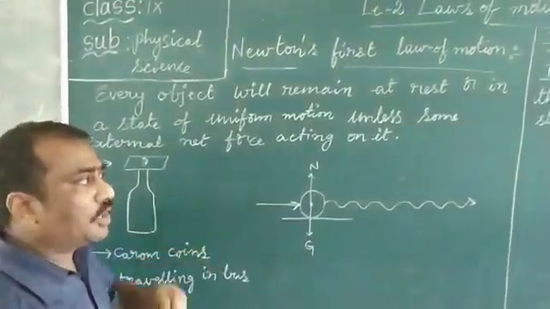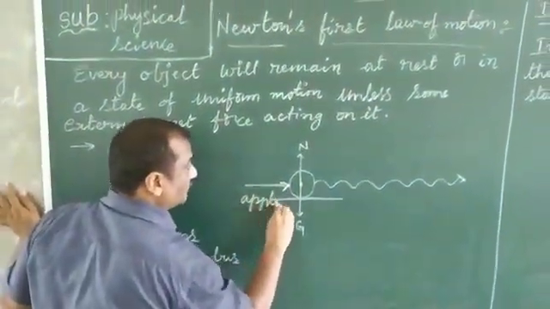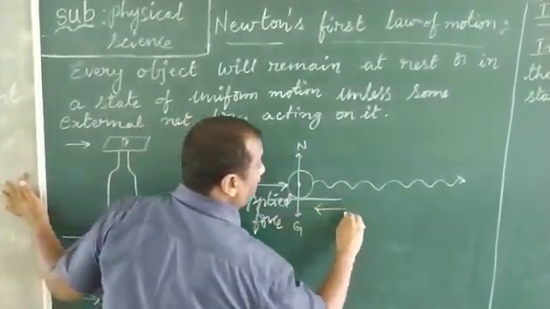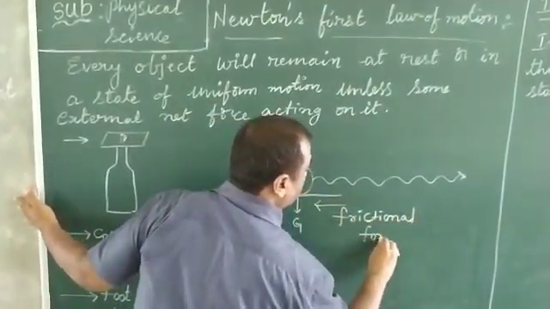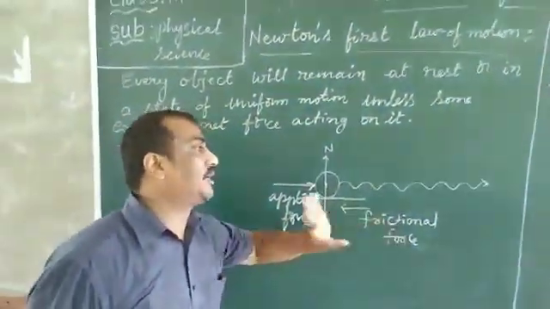But why does it come to stop? Because against the applied force, some frictional force is acting. Because of that frictional force, the ball comes to rest.